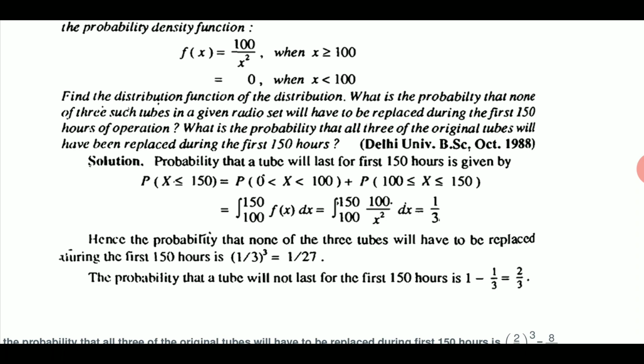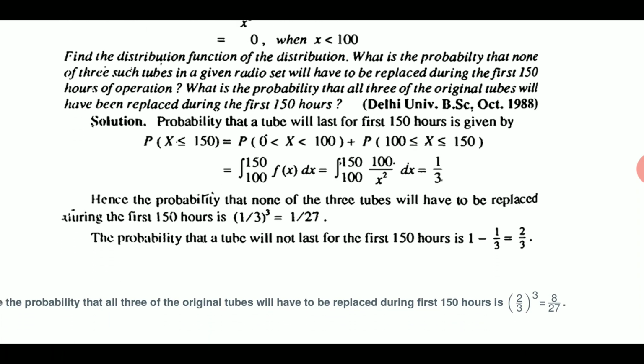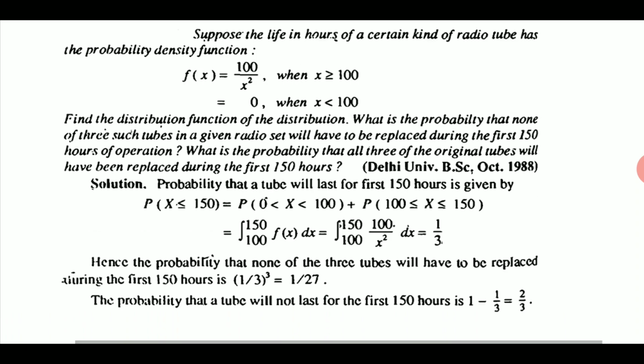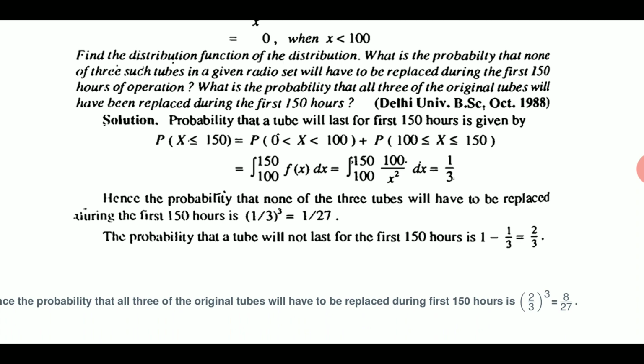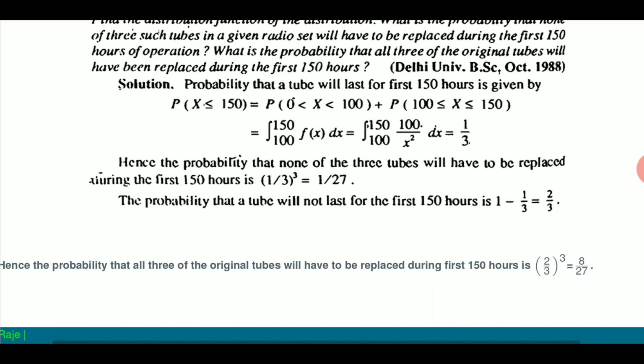Simply, the second integral is between 100 and 150. So integration from 100 to 150 of fx dx, that means integration from 100 to 150 of 100 upon x square. When you integrate this, you get 1 by 3 as the answer. Hence the probability that none of the three tubes will have to be replaced during the first 150 hours is 1 by 3 cube, because we got the answer as 1 by 3 and we are supposed to take the cube of that.